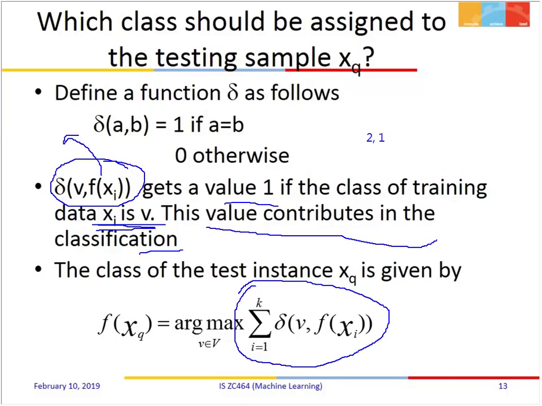So what are we doing here? What does it mean by argmax? It says that you have to give the argument.